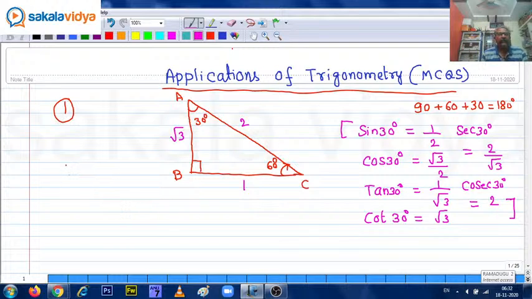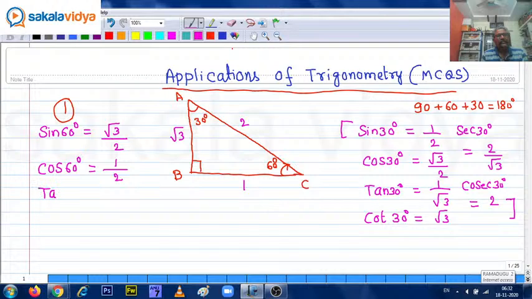Now you can define the 60 degree values. Sine 60 degrees: this is the opposite side and this is the hypotenuse, so root 3 by 2. Cos 60 is equal to adjacent upon hypotenuse, which is the longest side in the right angle triangle, so obviously 1 by 2.